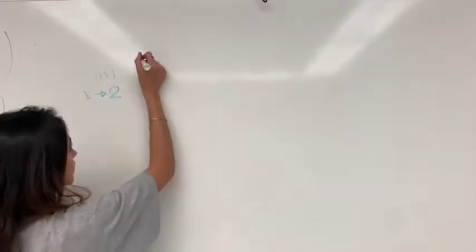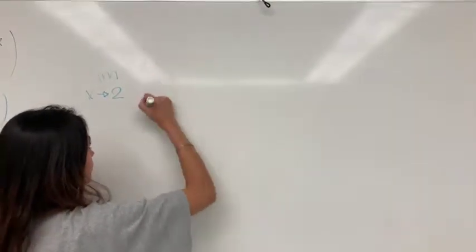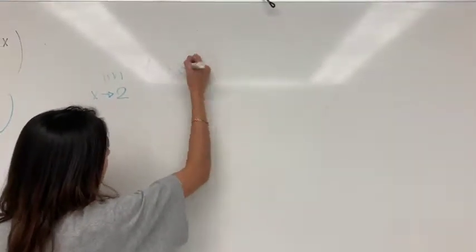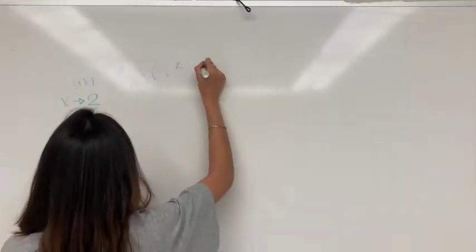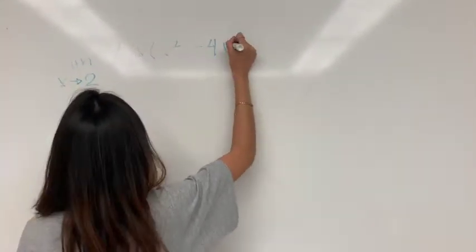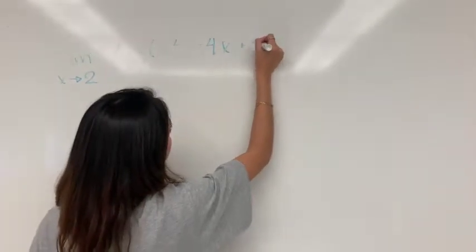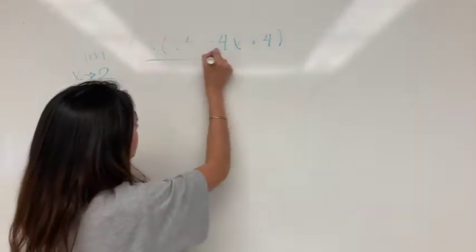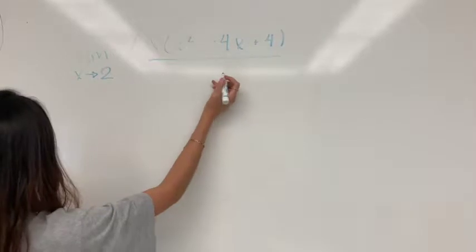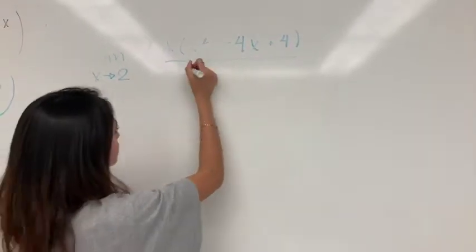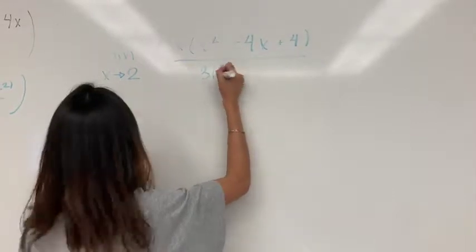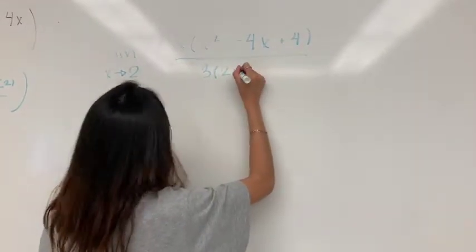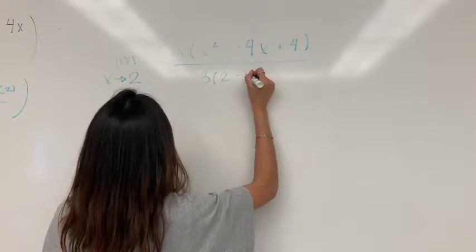So first we're going to take out from the top part our common factor, that is an x, and then we can have x squared minus 4x plus 4, and we're going to factor the bottom part since we have a common factor of 3, and we're going to have 3 times 2 minus x.